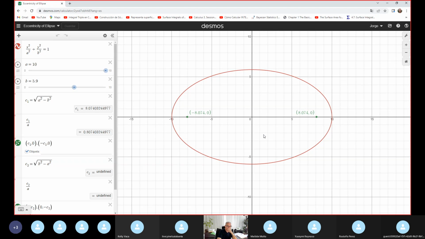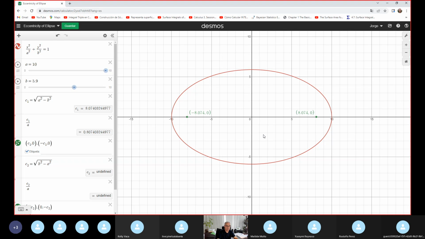Okay, let me try to explain. Eccentricity is normally called E, but E doesn't let me put in the decimals because E is a mathematical constant, so I put C1 or C2. The eccentricity is a number that varies from 0 to 1, and gives information on how rounded or flat my ellipse is.